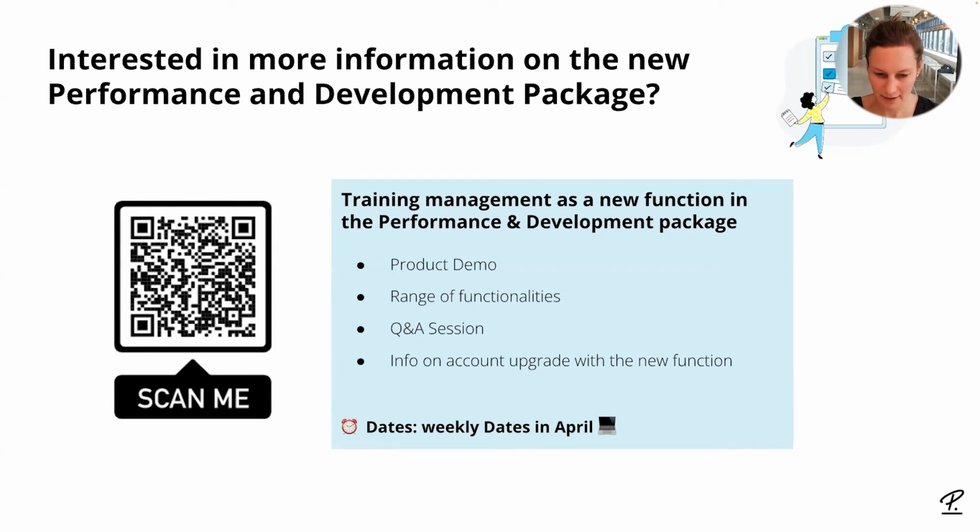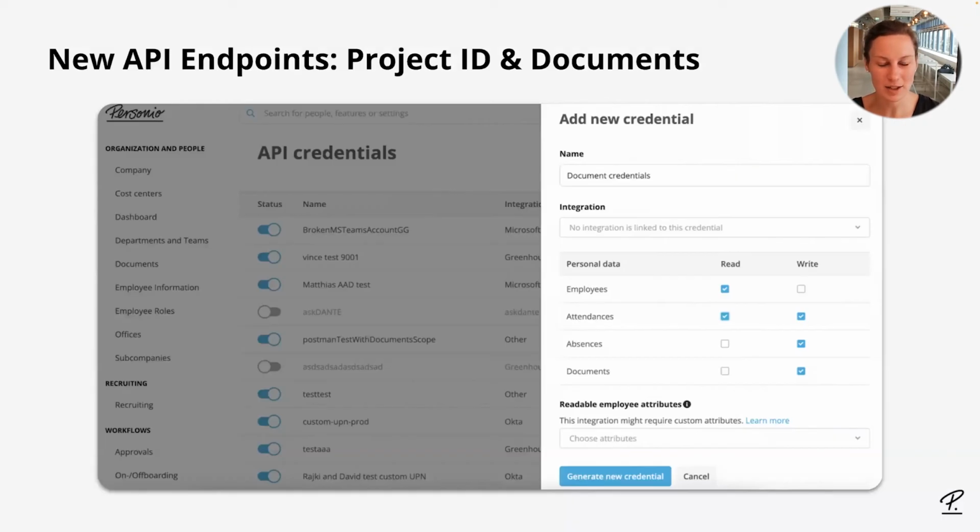And yes, okay. Then we have one last topic before we can start into the questions. It is about the new API endpoints. It's about the project ID and the documents that can be transferred.